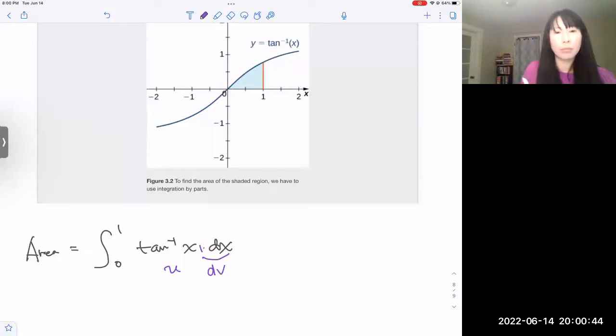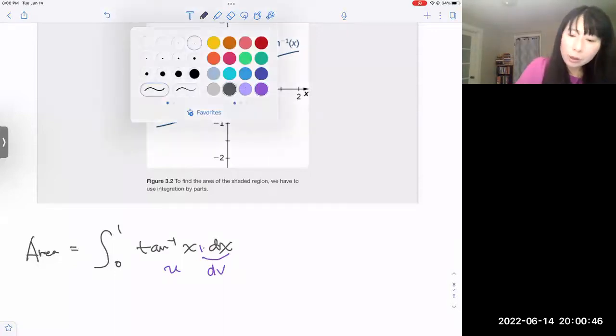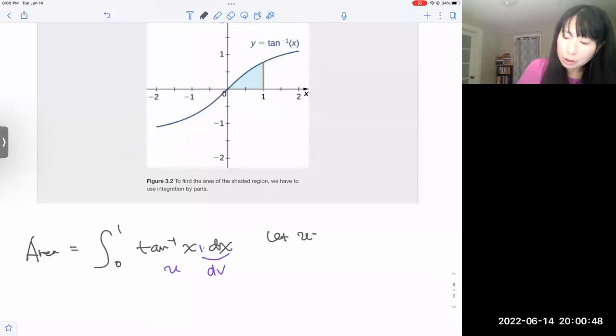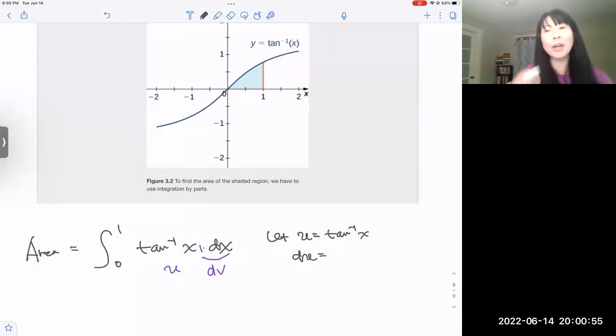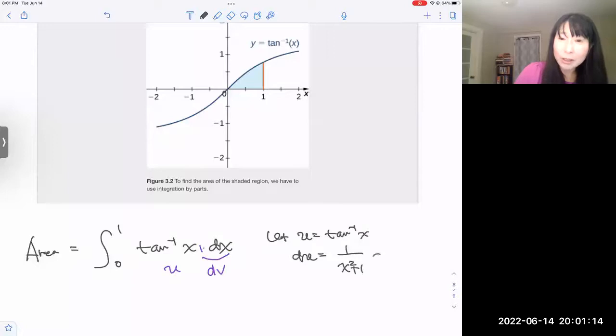All right, then let u equal to inverse tangent of x. Derivative, what do you get? You had the homework from the inverse trig function 1.7. I gave you this kind of a problem. What do you get? It's 1 over x squared plus 1, right?